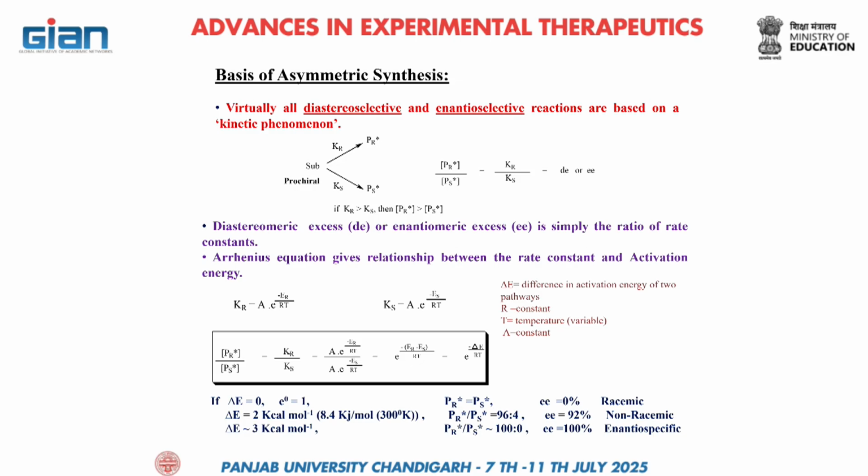So, just see in terms of kinetics, we can say from substrate to product R or from substrate to product S. This conversion is calculated via a rate constant. So, you say it is either Kr or Ks.